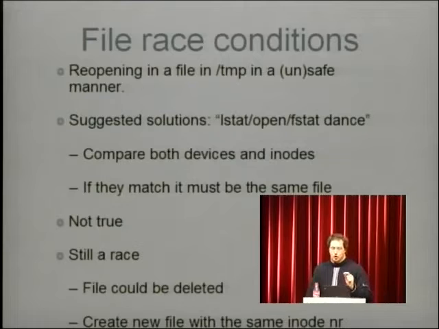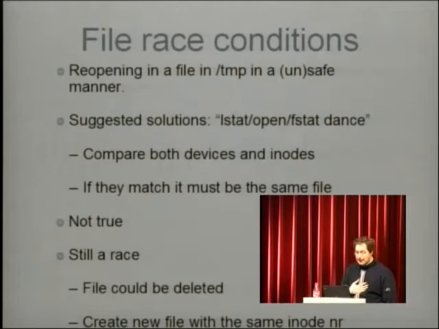What people basically do is, if they compare the stat structure and they see it's the exact same inode number and it's on the same device, then it must be the same file and we don't have a race condition. Unfortunately, this isn't true.